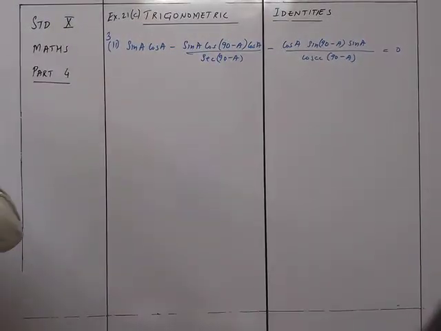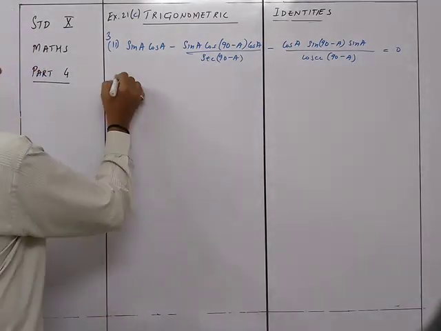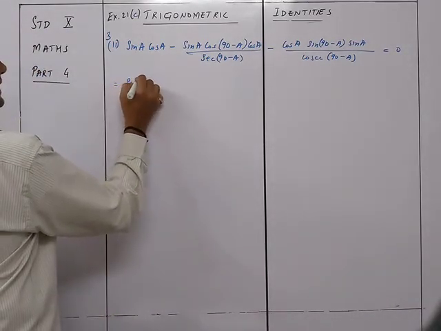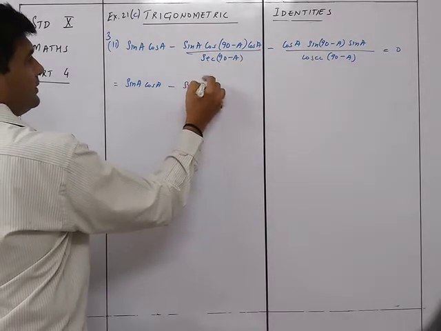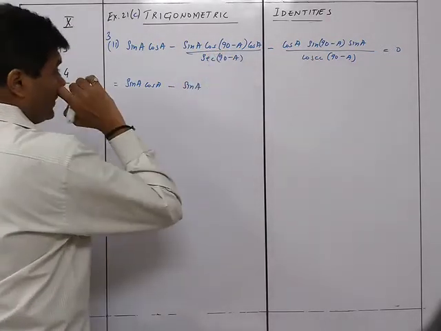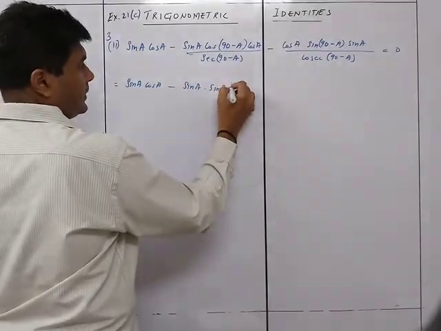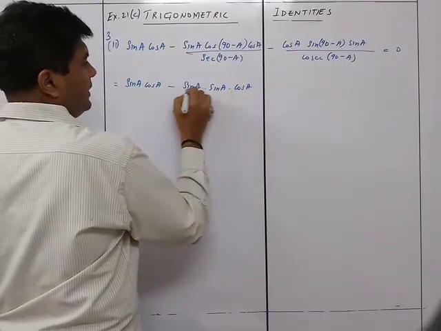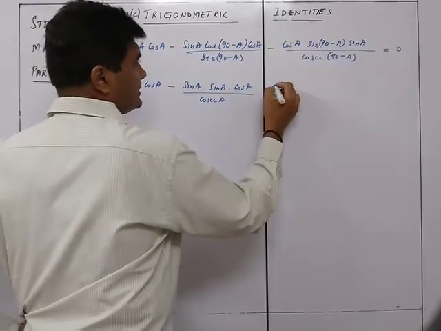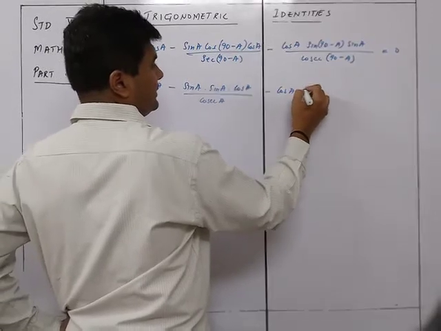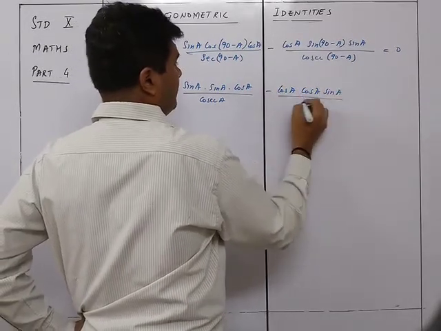Okay, quite a huge sum, but normally they are very easy. So the rest we'll keep as it is, sin A cos A minus sin A. This will become cos 90 minus A is sin A, so sin A into sin A into cos A upon cosec A, minus cos A sin A upon sec A.